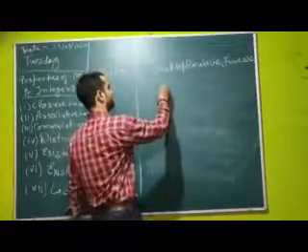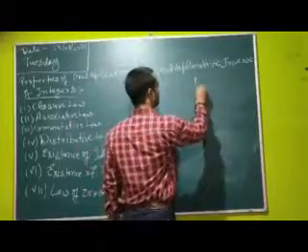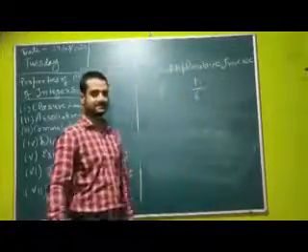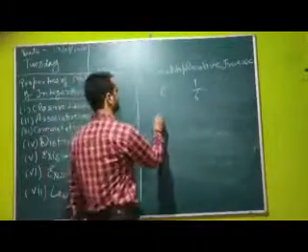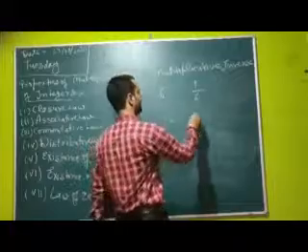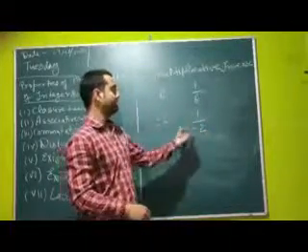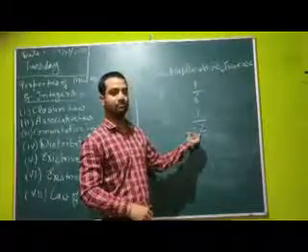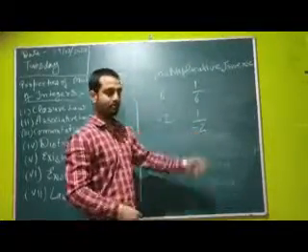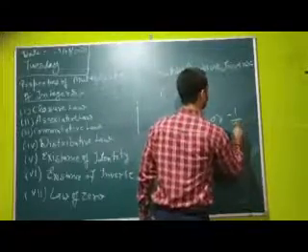Like suppose if 6 is any integer, its inverse will be 1 upon 6. If minus 2 is any integer, its multiplicative inverse will be 1 upon minus 2. Since in standard form we do not write the negative sign in the denominator, we will write it as minus 1 upon 2.